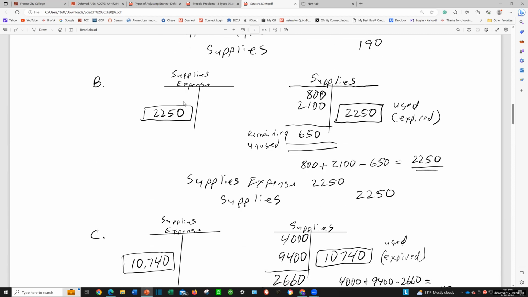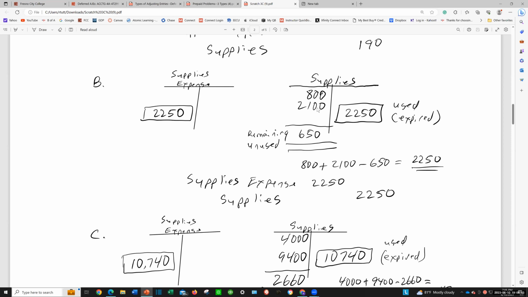Let's do the next one. B. The supplies account has an $800 debit balance to start the year. Okay, put it in. Supplies, 800. Supplies of 2,100 were purchased during the current year and debited to the supplies account. That's not hard. Put it in. It's a debit, 2,100.